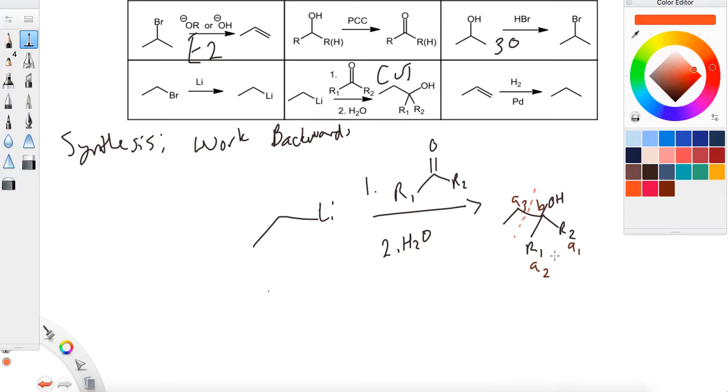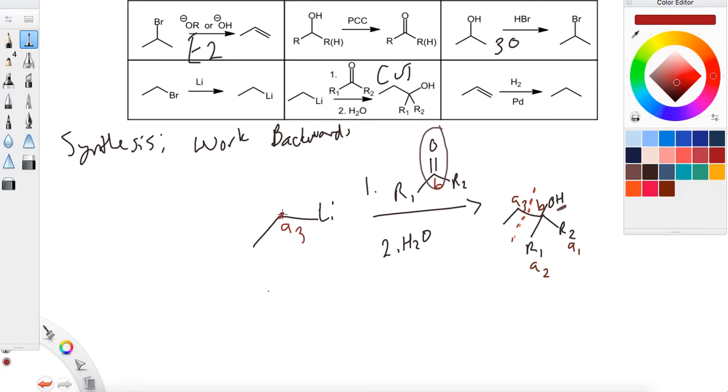What you'll notice here is that my OH became this double bonded oxygen, and this carbon was my carbon B. Likewise, A3 was on the cut line, so A3 is my carbon that got attached to the lithium.